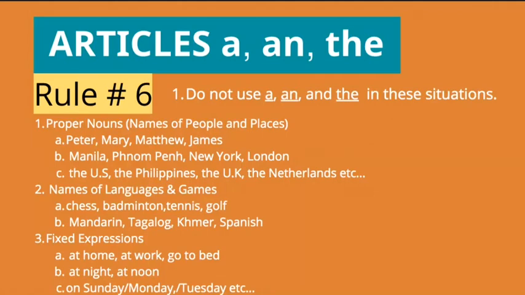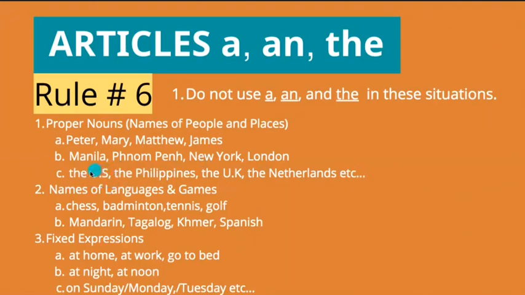We have Manila, Phnom Penh, New York, London. These are places. You should not say the Phnom Penh, the New York, the London, or the Manila. That's wrong. However, there are instances like the US, the Philippines, the UK, and the Netherlands, and so on. These are things that you have to memorize because for some reason they use the article the.